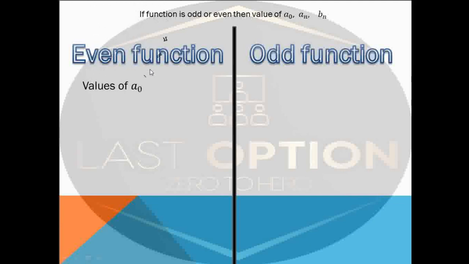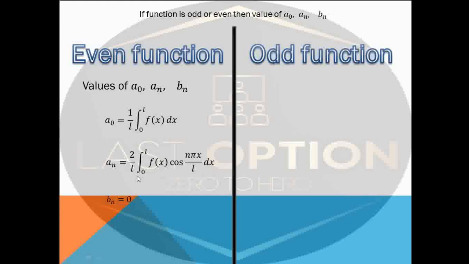If the function is even, then a0 is equal to 1 upon L integration from 0 to L of f of x dx, and an is equal to 2 upon L integration from 0 to L of f of x cos(n pi x upon L) dx, and bn is equal to 0. So if the function is even, we do not have to find bn, we only have to find the values of a0 and an.